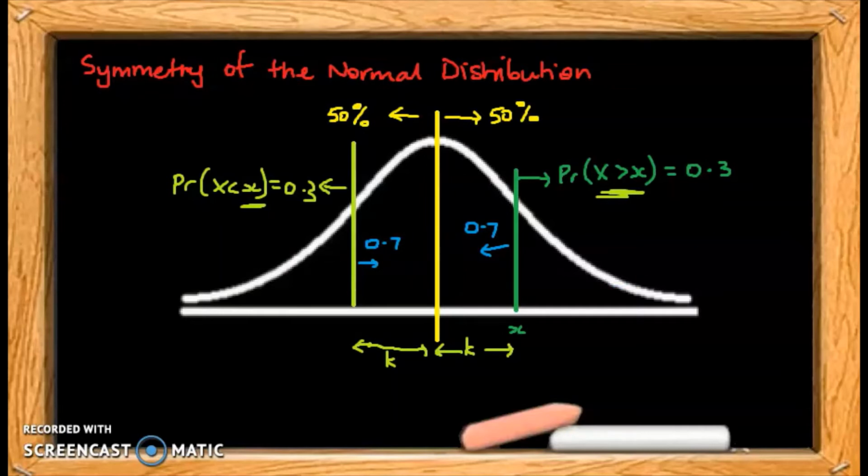For example, knowing that my mean is here and the probability is 50%, and the probability of being above my green line, my x here, is 0.3, I also know the probability of being between these two lines is 0.2. And I know the probability of being between these two lines is 0.2.